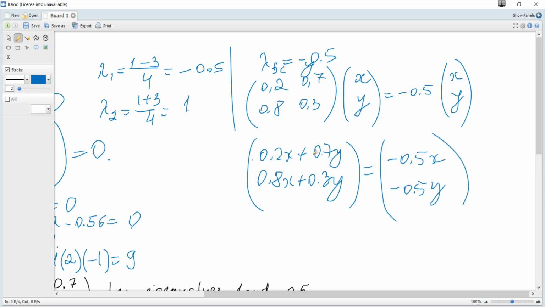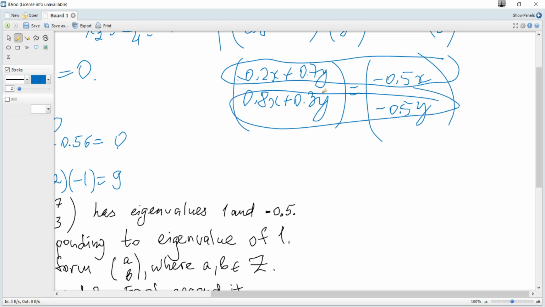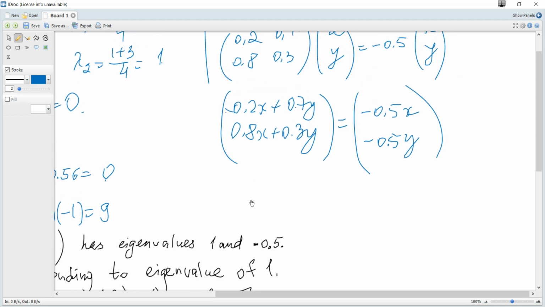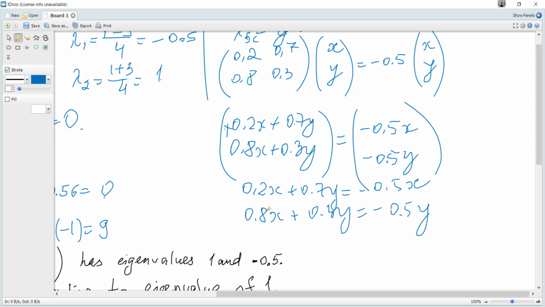And you can see that one matrix is equal to another matrix. What does it mean? It means that these elements are equal, and these elements also are equal. So it becomes 0.2x plus 0.7y is negative 0.5x, and 0.8x plus 0.3y is negative 0.5y.